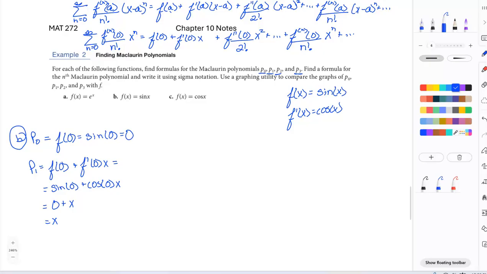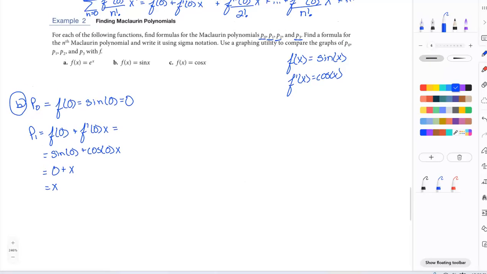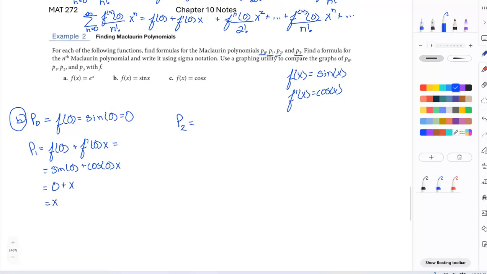If I want to find P2 using our formula, it is going to be f of 0 plus f prime of 0 times x plus f double prime of 0 over 2 factorial times x squared.